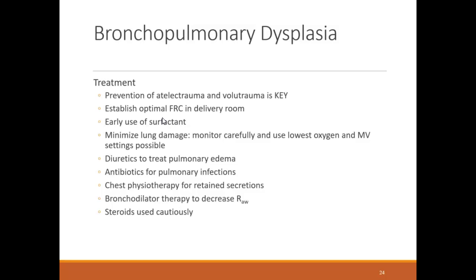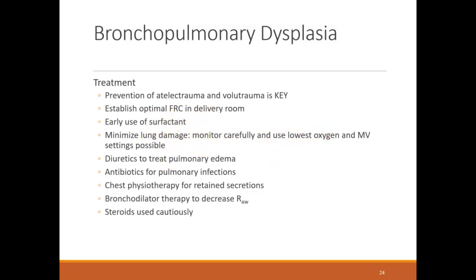We want to make sure that we're maintaining lung recruitment throughout all lung fields. We can do that by giving surfactant early on in the delivery room, and then by monitoring our pressures and our oxygen usage after that surfactant.